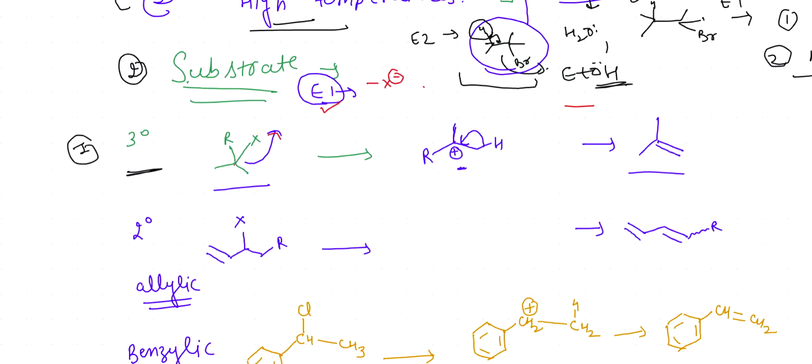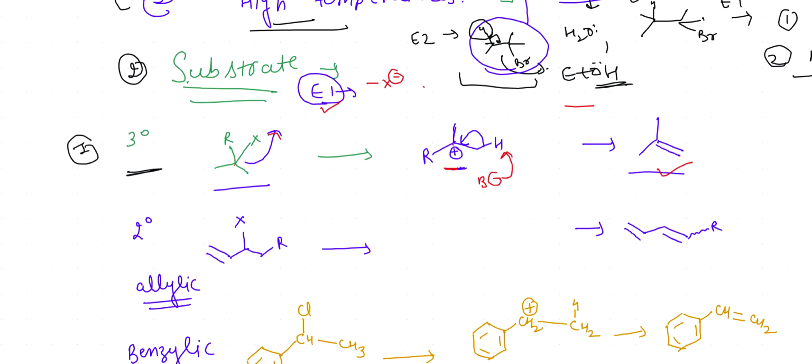This carbon carries a positive charge. In the second step, the base will abstract the hydrogen and this bond will be broken and there will be formation of a new bond, which leads to the formation of alkene. Clear? So this reaction is proceeding via E1 mechanism.